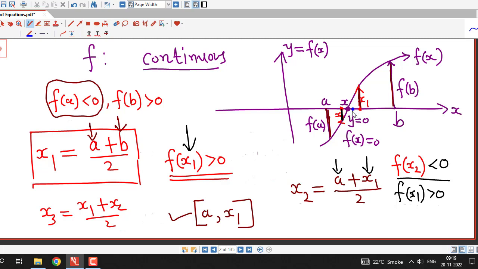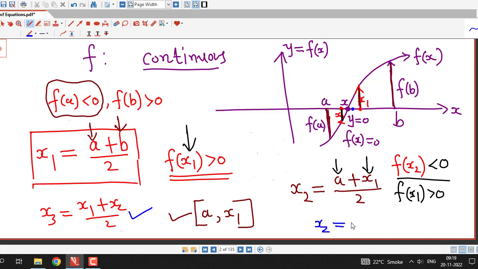So we will follow this procedure and we will go up to the desired accuracy. In questions they will ask you to find the root of a given equation correct up to 2 decimal places or 3 decimal places. So we continue in this manner and we stop when we get two values that are equal up to the required number of decimal places.